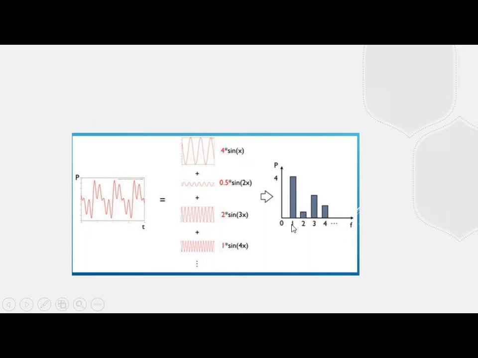For the frequency 1, we have the magnitude of 4. For the frequency 2, we have the magnitude of 0.5, and so on. And all this represents this signal.